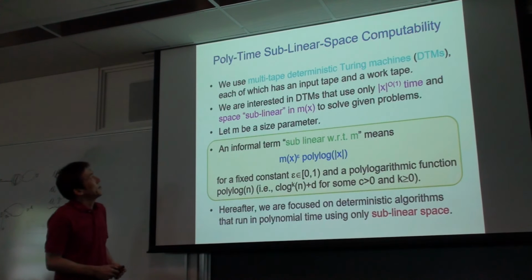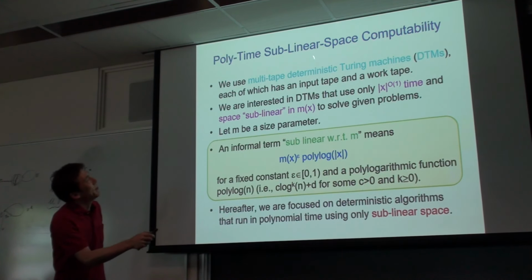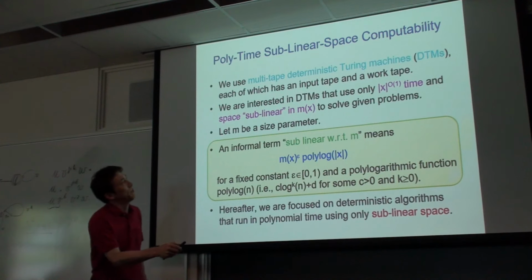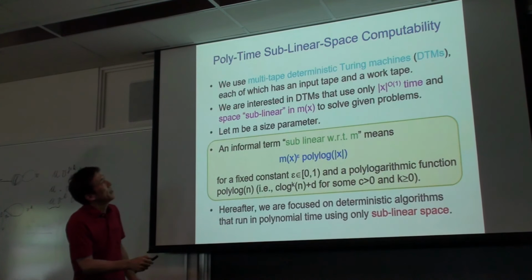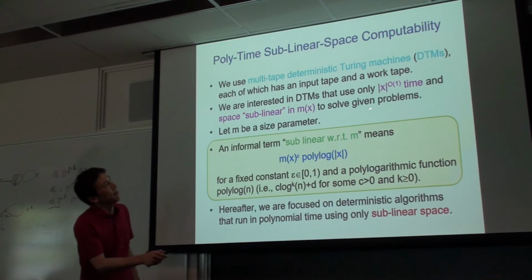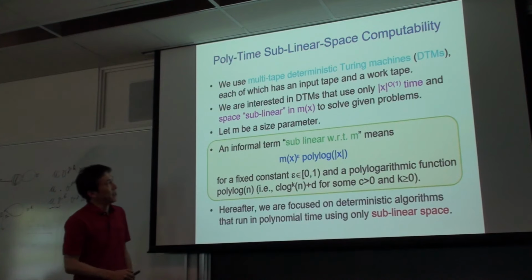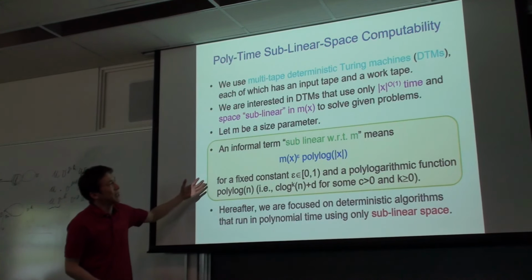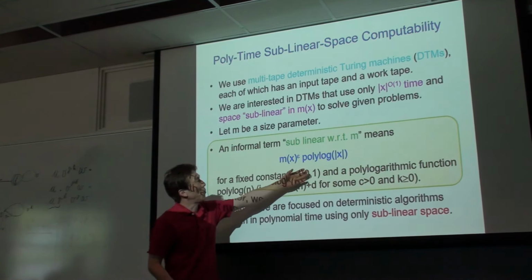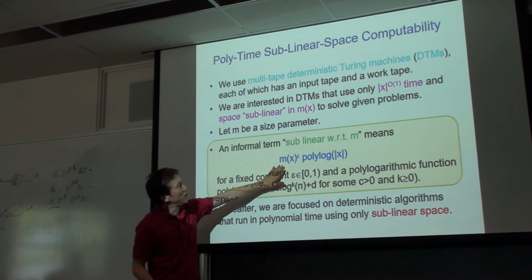Okay, now we'll consider the multi-tape deterministic Turing machine from now on. We are interested in machines running in polynomial time and sublinear space. Sublinear means it has this form. Now we are using the size parameter, right?